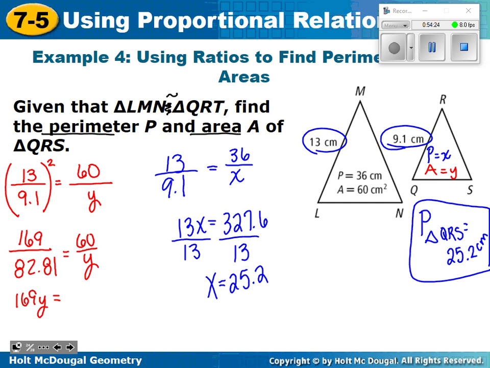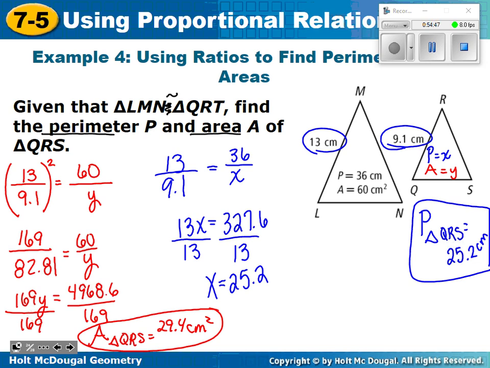Say it again, Edwin. 4,968.6. Okay. We agree, Tyler? Yeah. And then divide by 169. So the area of triangle QRS is equal to 29.4 units, centimeters squared. And don't forget to square your area.